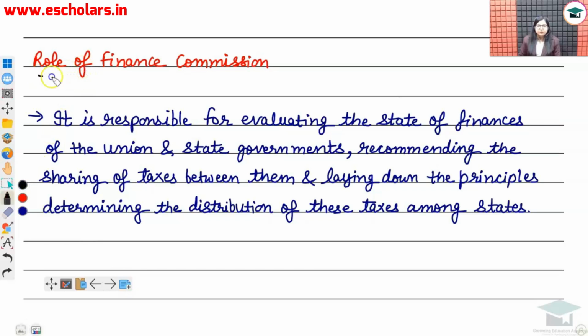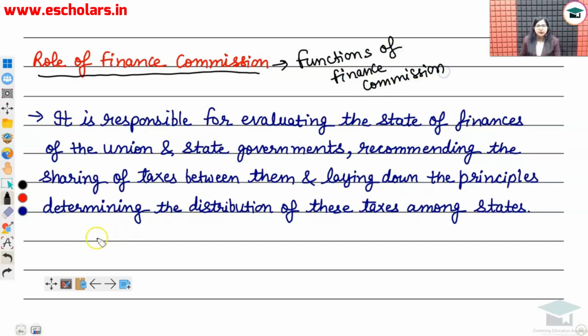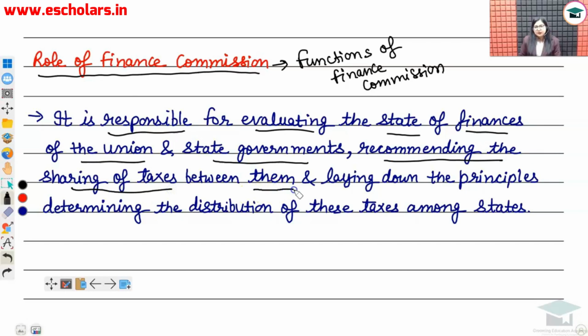Students, now we will go through the role of the Finance Commission, or you can say the functions of the Finance Commission. The Finance Commission is responsible for evaluating the state of finances of the union and the state governments and also recommending the sharing of taxes between them. That is, recommending the distribution of the tax revenue between the union and the state government.